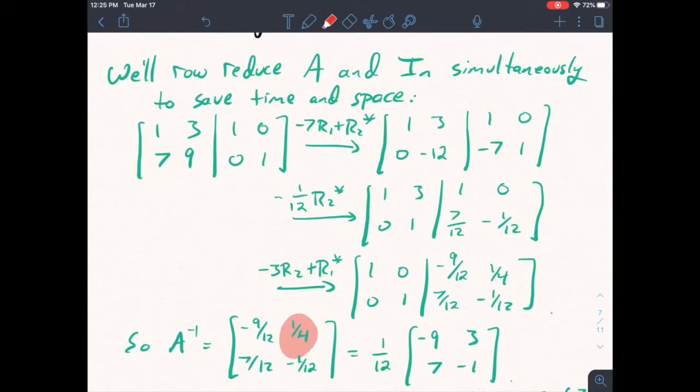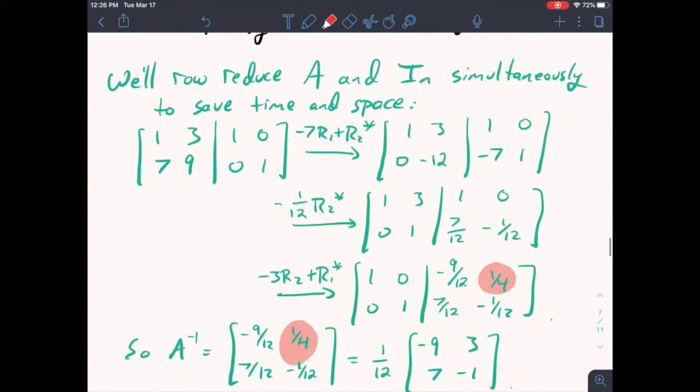This 1/4, I'm just going to think of as 3/12. In a lot of examples, I would actually prefer to leave this as 3/12, just so I can factor that 12 out at the end a little bit easier, and I'll do that in some of the practice exercise at the end. So anyway, this is our inverse matrix.